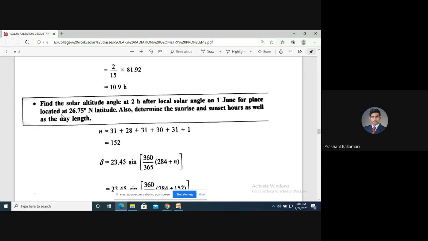For the altitude angle, what you have to do is, after the local solar angle or the local apparent time, 2 hours after that, we need to find it for 1st June. Also determine the sunrise and sunset hours, so the exact time of sunrise and sunset, as well as the day length. So all these values we need to find out.